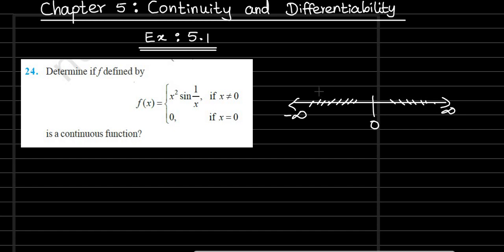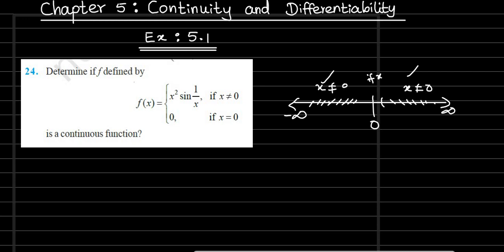But both intervals are x not equal to 0 only. As per the given condition, if x is less than 0, do we have a different function? No. If x is greater than 0, do we have a different function? No. We have only x not equal to 0. So both the intervals can be handled together, and we don't need different cases here.